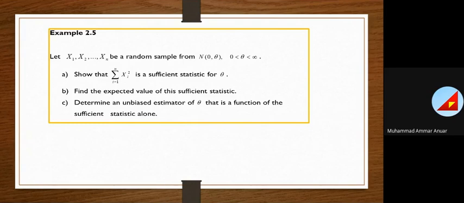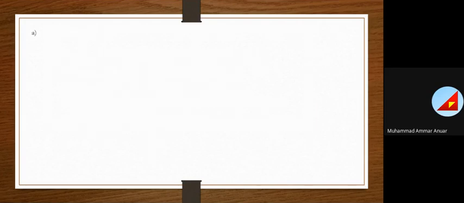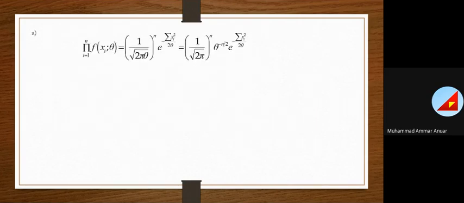Okay, first step. Let's look at the equation. You construct the joint PDF. So again, you have the normal distribution with mean 0, variance theta.